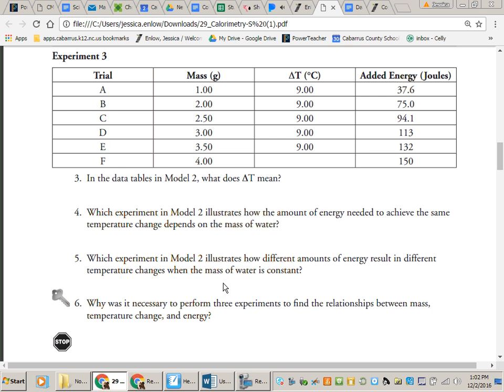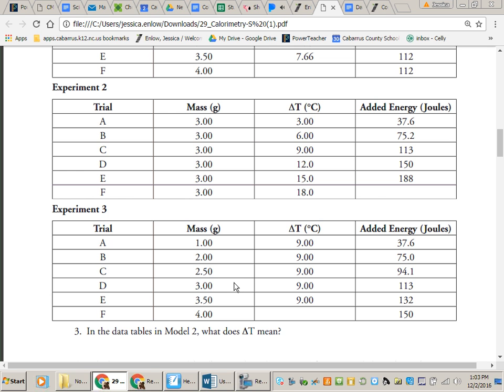And so question 5, which experiment illustrates how different amounts of energy will result in different temperature changes? Riley's group. Experiment 2, so you're looking at the constant mass here and how the differences in energy and temperature are correlated despite the same mass.